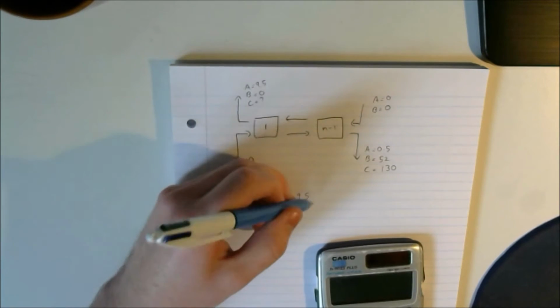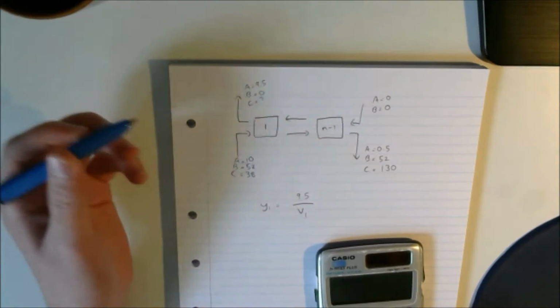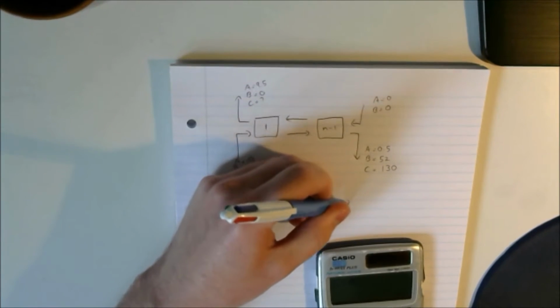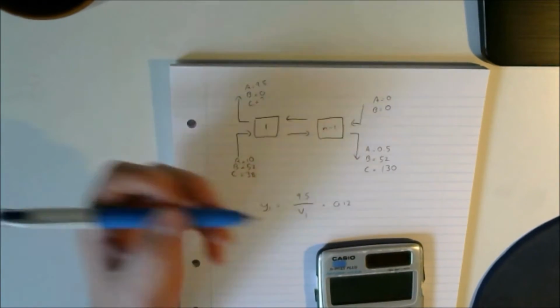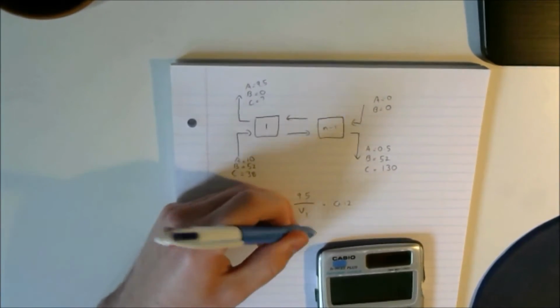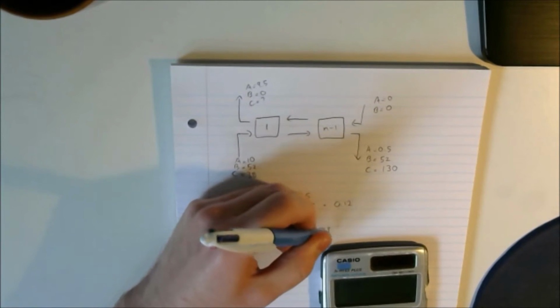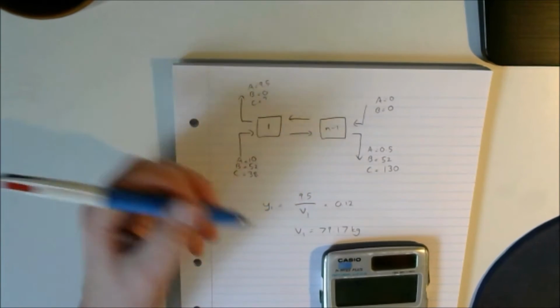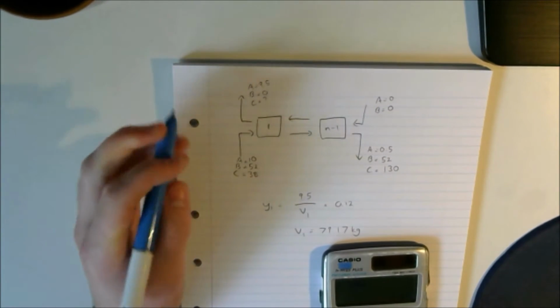So that's going to be equal to V1, we'll just label it that for now. And then in the question that's given to be 0.12. So simply by rearranging, we can calculate that V1 is going to be equal to 79.17 kilograms.